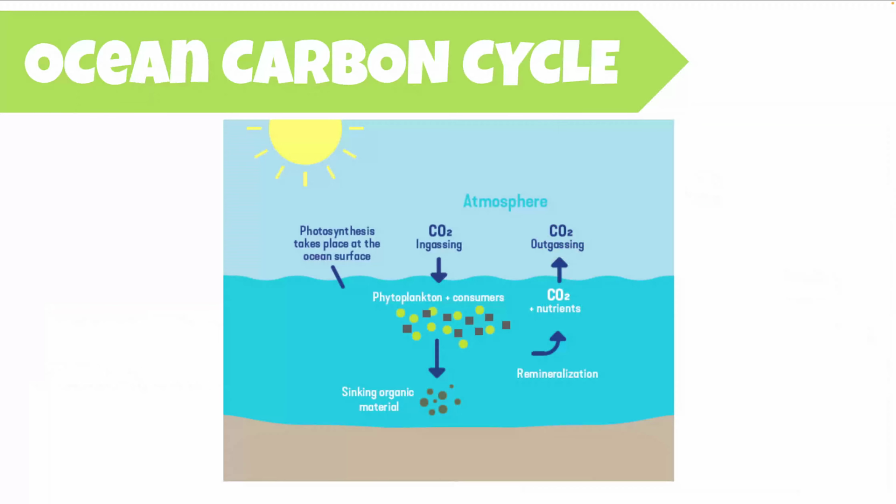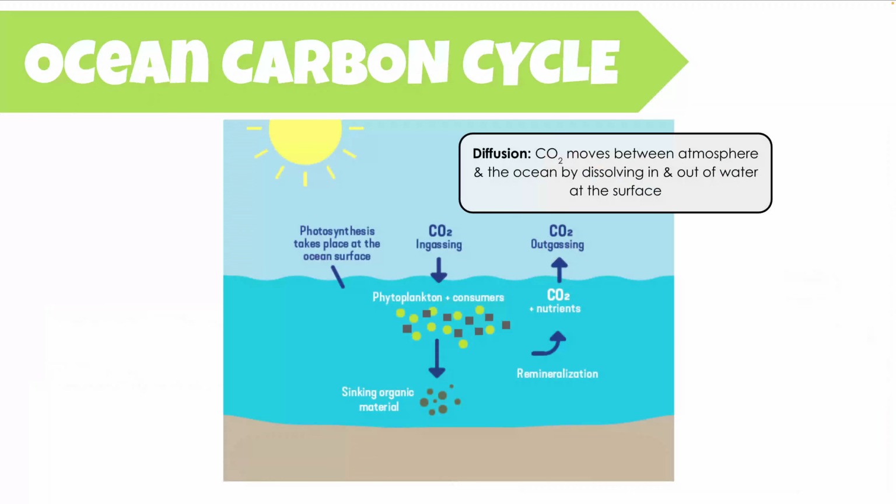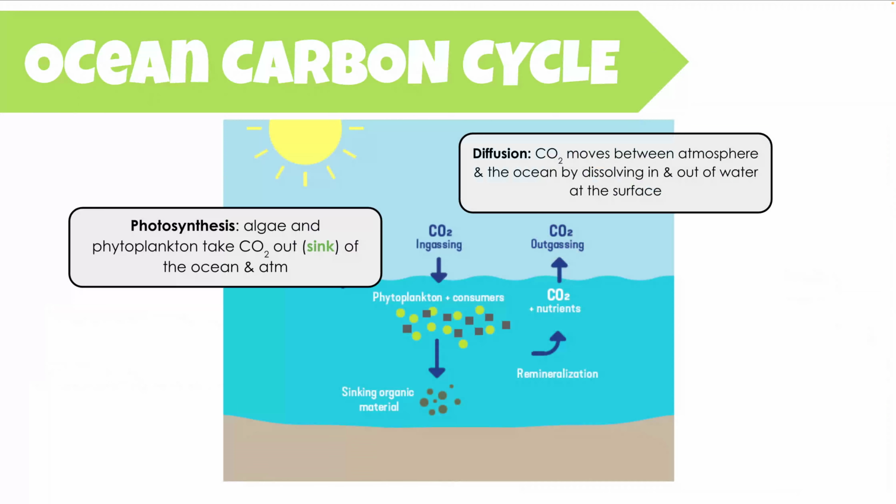Now, the carbon cycle we've been talking about so far has been on land. We do need to address the carbon cycle that is also happening in the ocean. So there is carbon constantly moving between the air and the actual ocean water. CO2 can dissolve into the ocean from the atmosphere, and it also can dissolve out of the water back to the atmosphere.